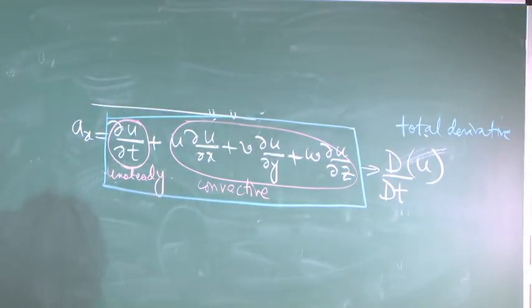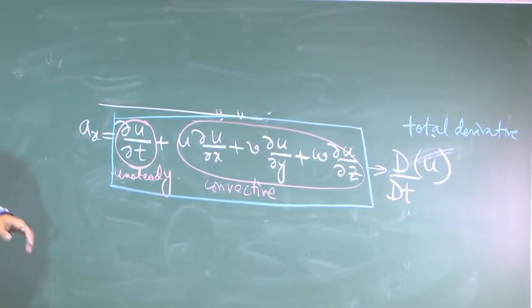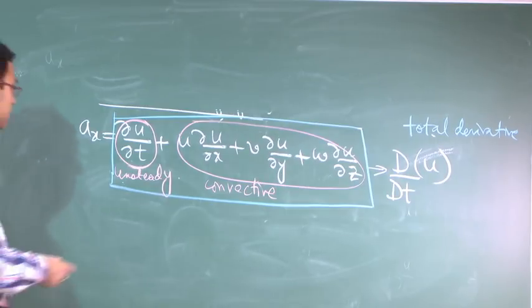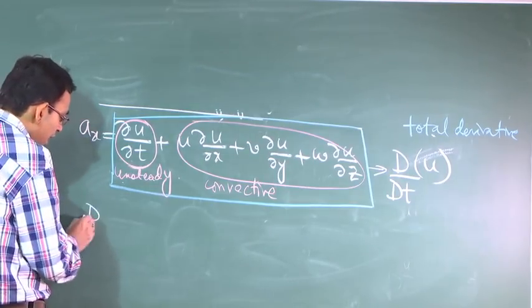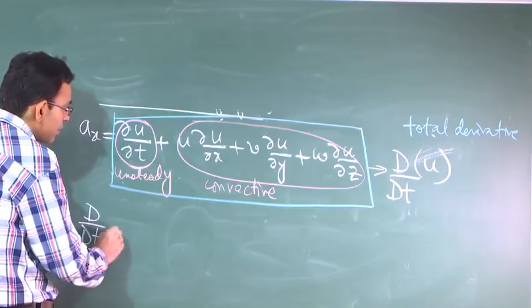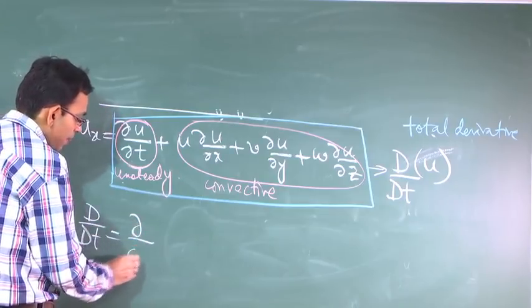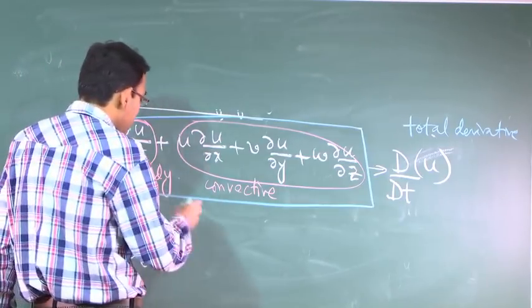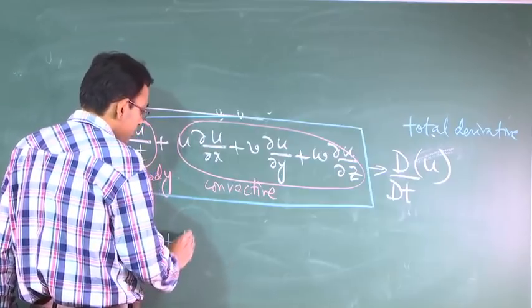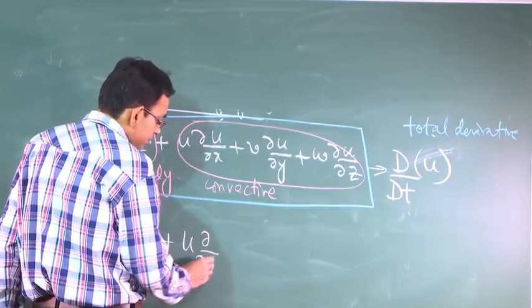Now, just to make you more familiar with this total derivative concept, we can write d/dt of any property, not just velocity, as this.